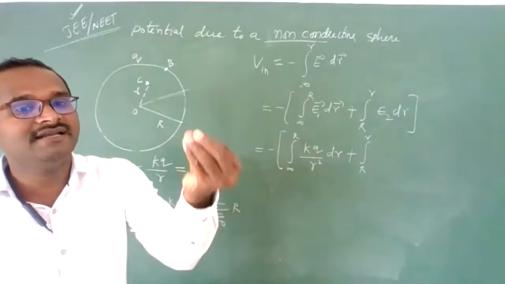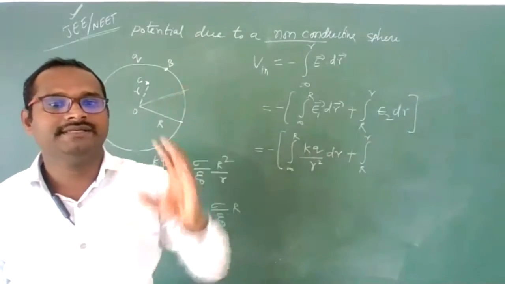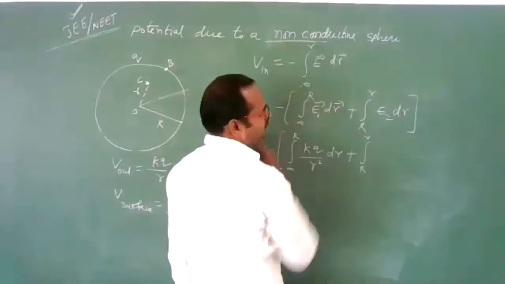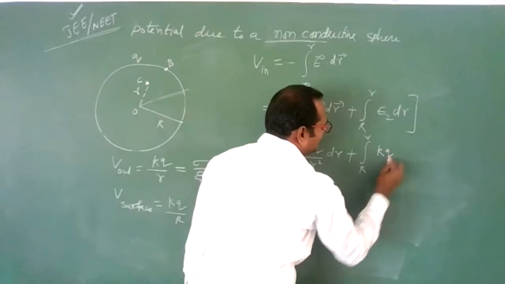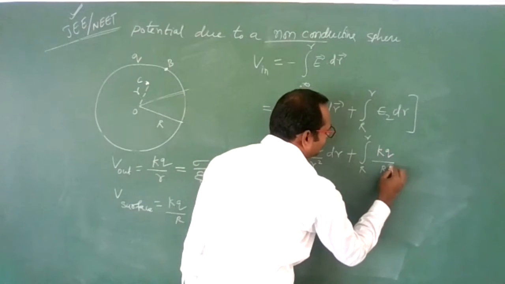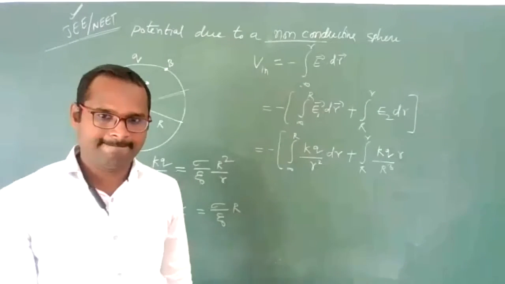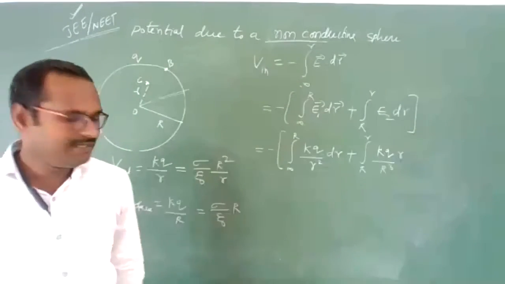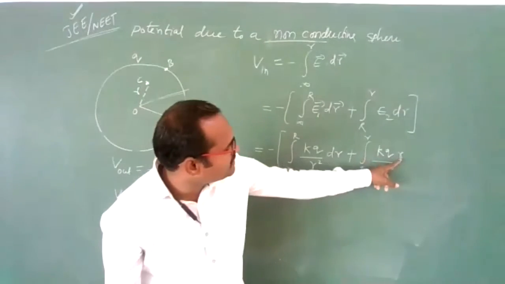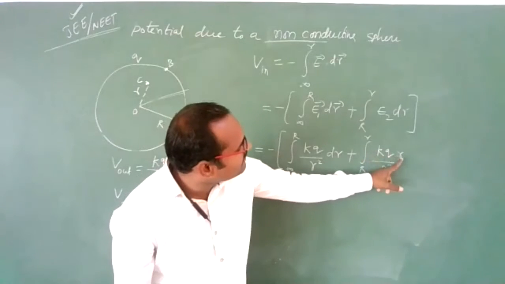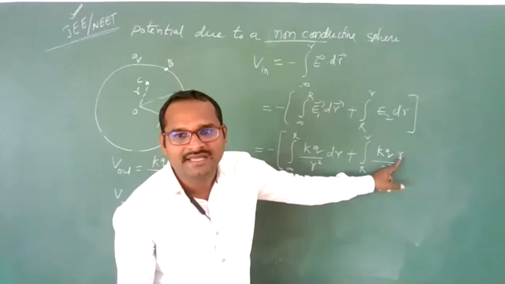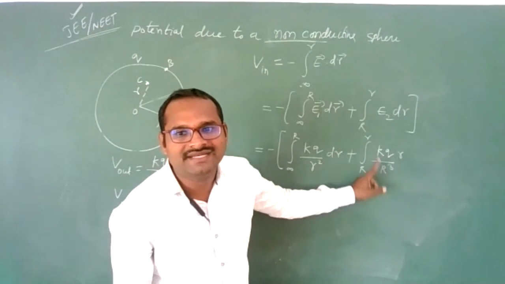Yes, the electric field for an inside point for a non-conducting sphere is given as KQ by capital R cube into small r. This is the formula. It means the electric field depends upon the distance small r. If you take it on the surface, small r will become capital R, one capital R cancels, and you will get KQ by R square.